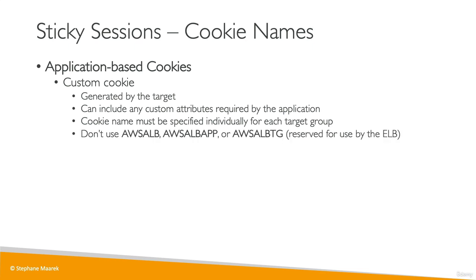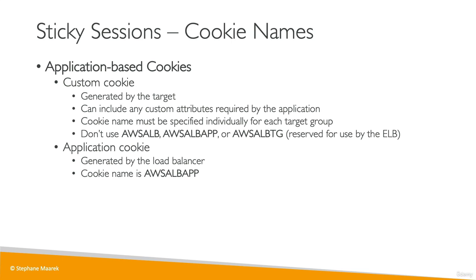And you must not use the following names: AWSALB, AWSALBAPP, or AWSALBTG, because they are reserved for use by the ELB itself. Or it could be an application cookie generated by the load balancer itself, and the cookie name used by the ALB will be AWSALBAPP, okay?